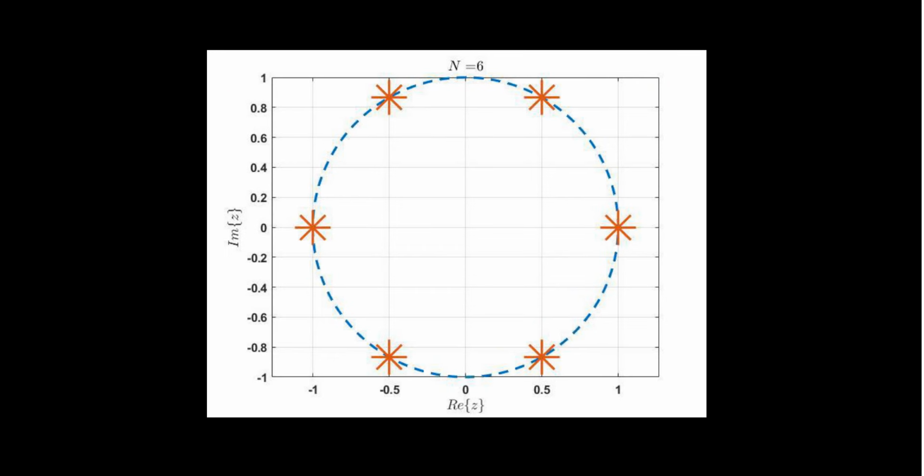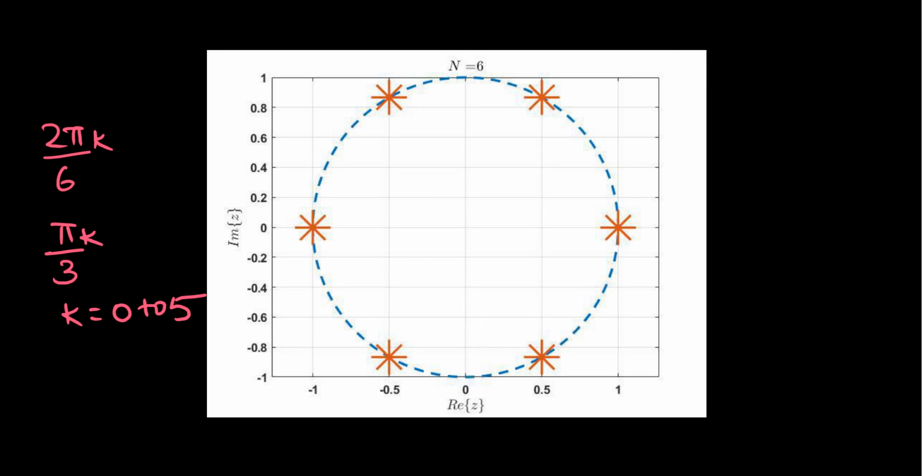Now suppose we increase the samples to 6, then we have the sample here, here, here, and we have a total of 6 samples. So this is basically 2 pi by 6 into k, that is pi by 3 into k. So it is basically the integer multiple of pi by 3, and k is varying from 0 to 5.